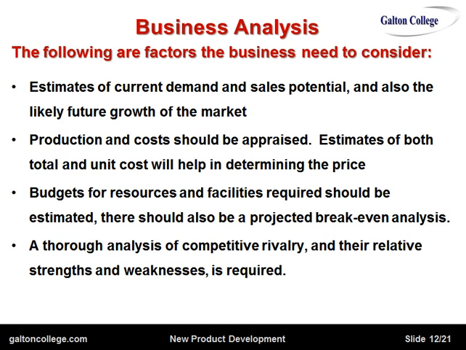Estimates of both total and unit costs will help in determining the price. But like looking at the demand or trying to estimate the demand into the future, the same could apply to costs. Costs will change in the future. And how will the differences between changes in costs and changes in market sales affect the profitability of the business?